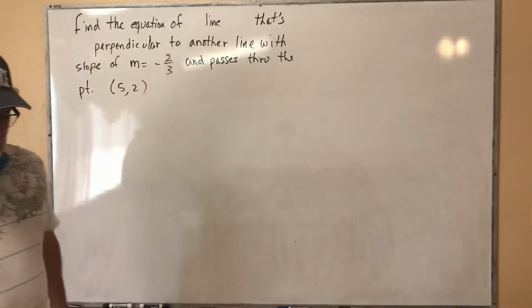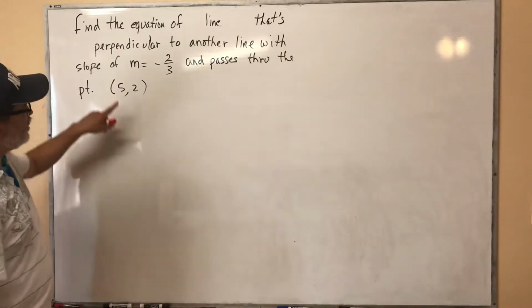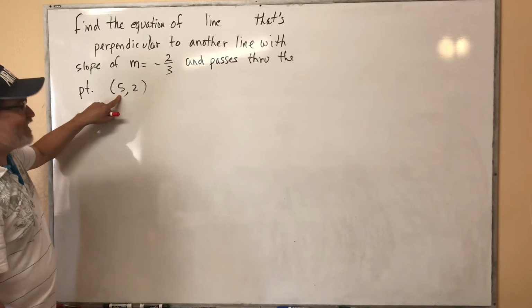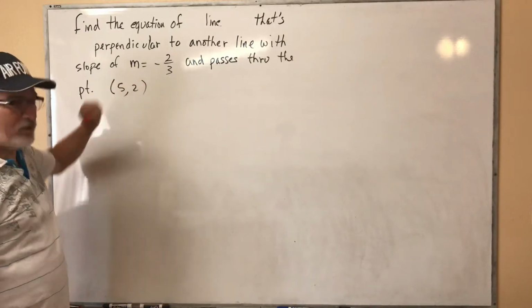Okay? So you want to find the equation of the line that passes through this point that is perpendicular to another line that has this slope.